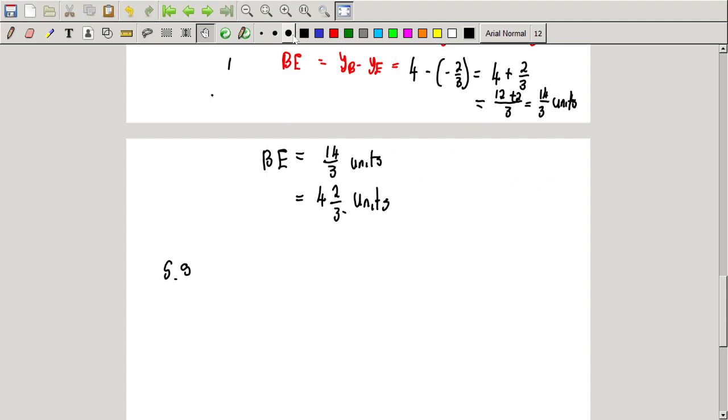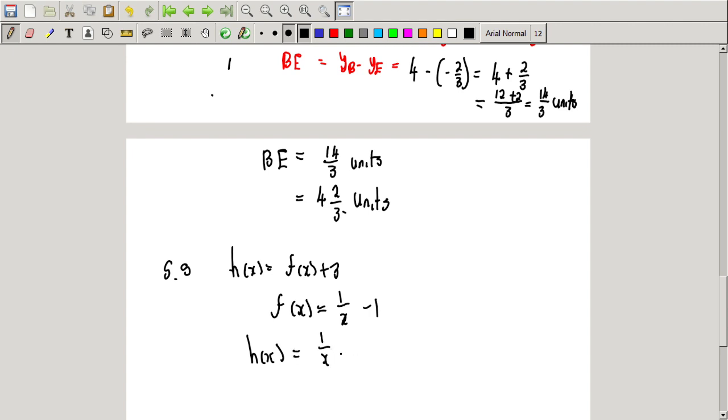So for 5.5, we're given that h of x is equal to f of x plus 3. But we know that f of x is equal to 1 over x minus 1. So our h of x is going to be equal to 1 over x minus 1, this is f of x, plus 3.